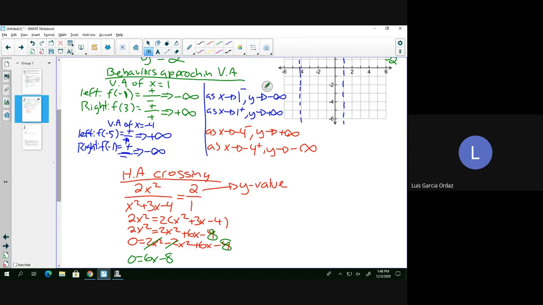And then we have to isolate for x. So you get 6x is equal to 8. Divide both sides by 6. So when we simplify 8/6, what does it give us in simplified form? Four over 3.